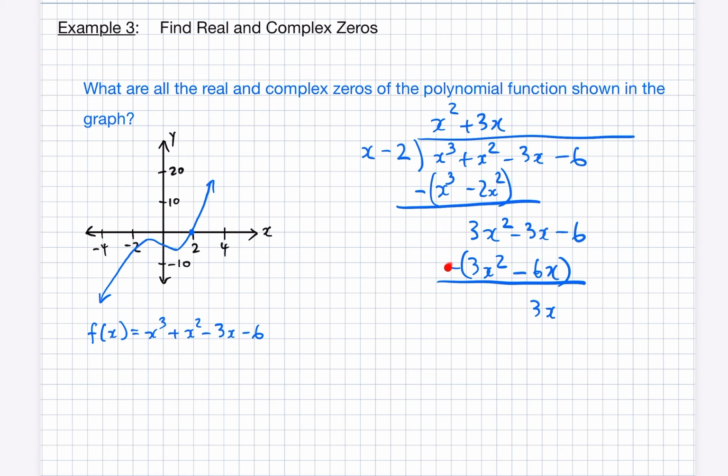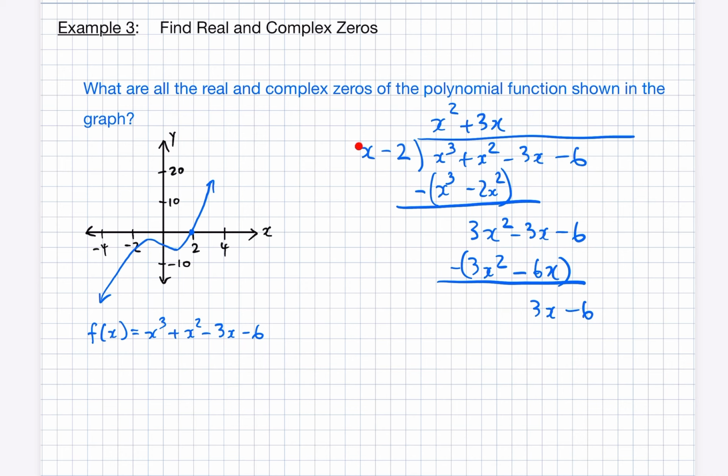Negative 3x squared minus negative 6x squared is the same as negative 3x plus, right? Two negatives gives us a positive. And so negative 3x plus 6x gives us a positive 3x. We can go ahead and bring down this negative 6.